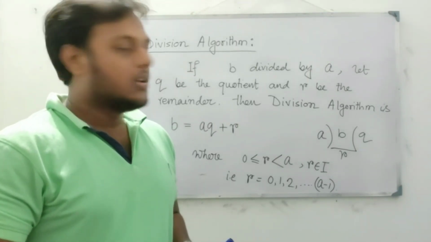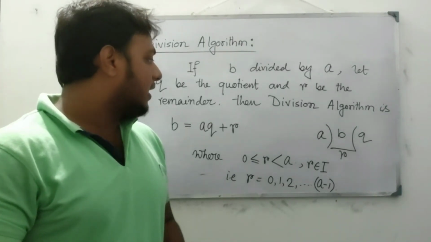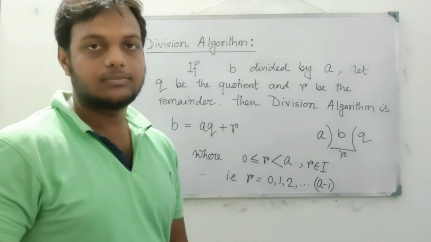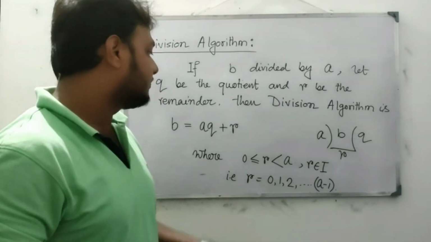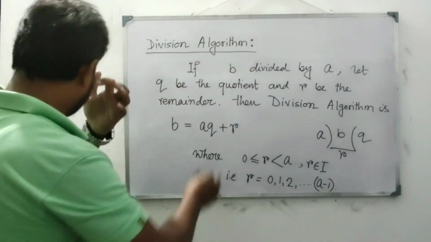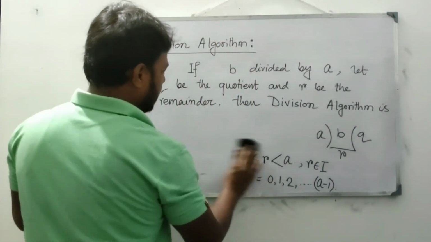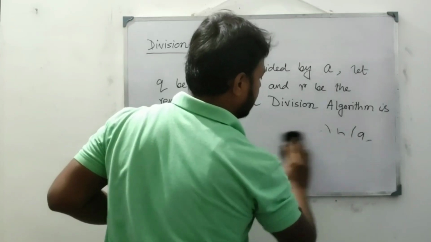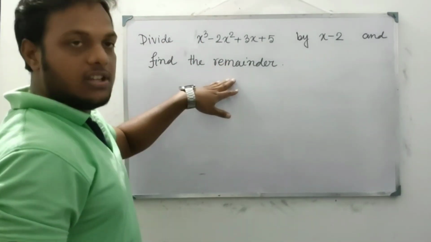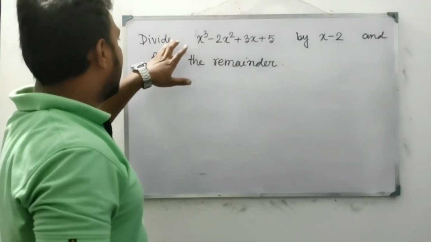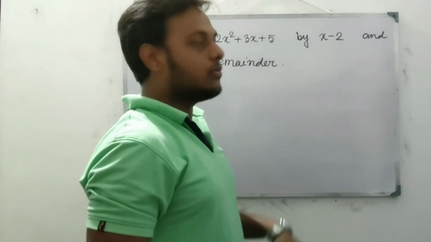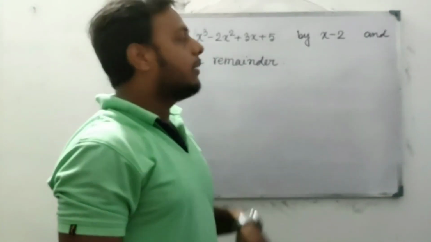Now I am considering an example of a division of two algebraic expressions, then you will get the idea. To remind you, see: divide x cube minus 2x square plus 3x plus 5 by x minus 2 and find the remainder.